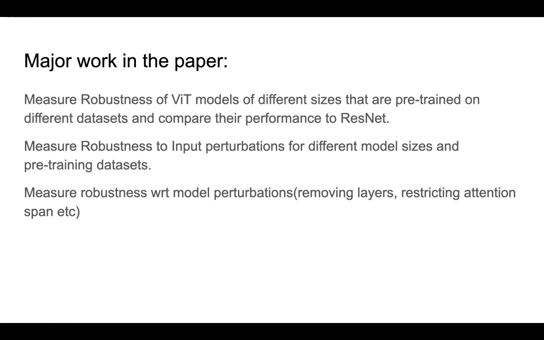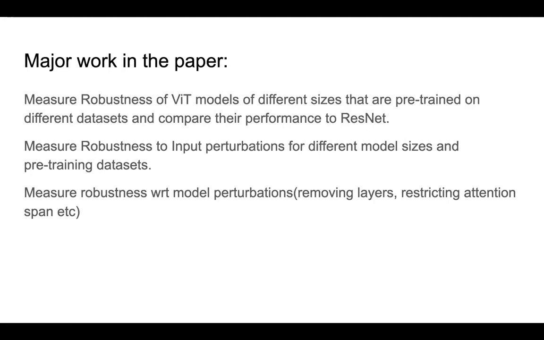We remove some layers in the model, mind you, during inference time, not during training time. During inference time, we remove some of the layers towards the end of the model to see how the model performs without those layers. This is basically done just to see if there is some redundancy in the model.